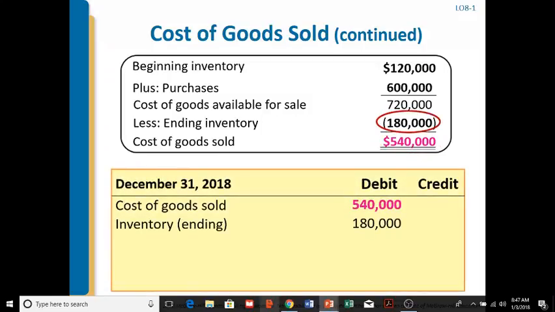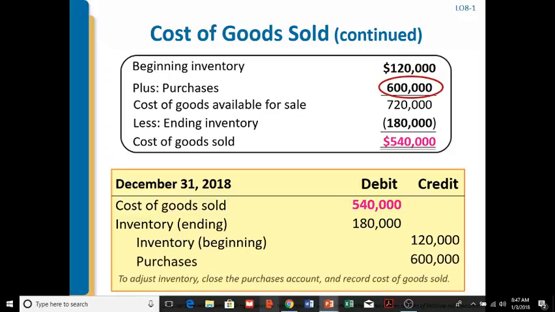So you debit cost of goods sold, you debit your ending inventory for 180,000, you credit the beginning inventory backing that number out, 120,000, and of course you're closing your purchases temporary account for 600,000.